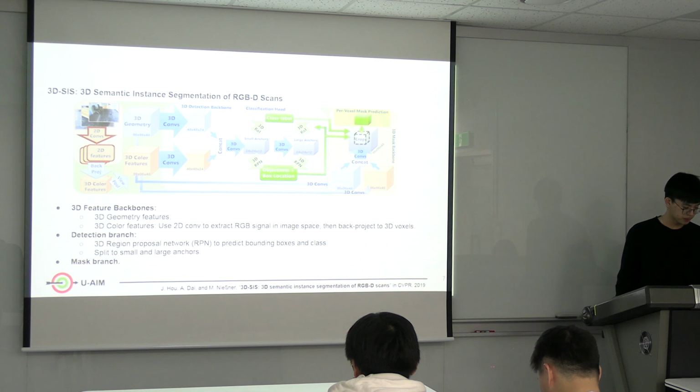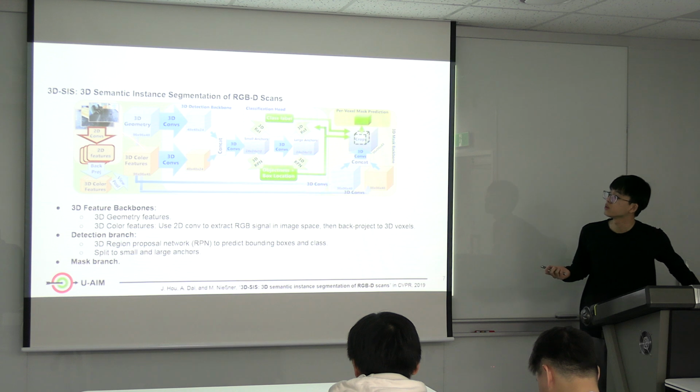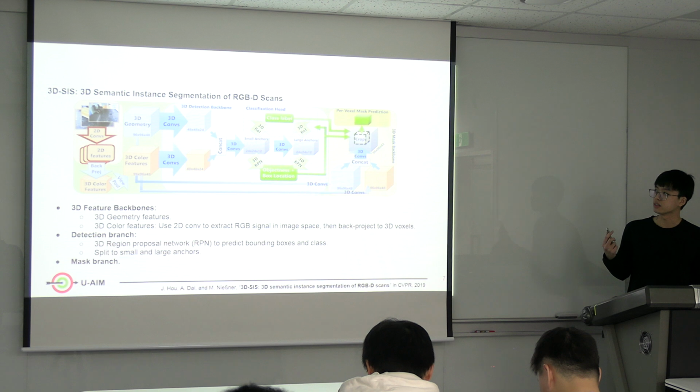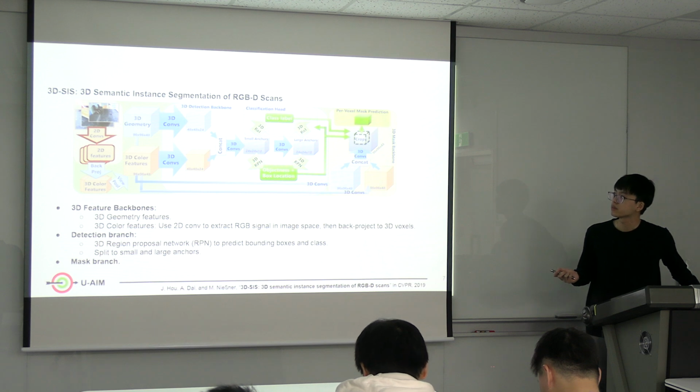This paper uses both the RGB image and the geometry point cloud. They first voxelize the point cloud, dividing the space into a grid, and then combine the RGB image into that voxel.